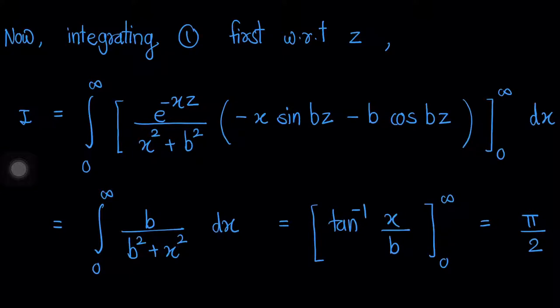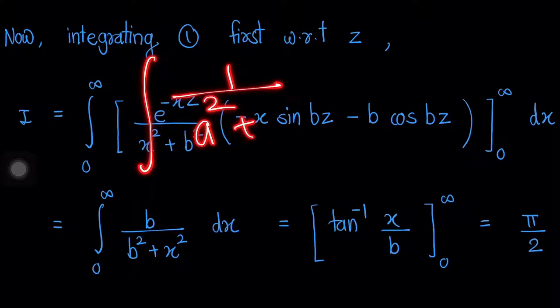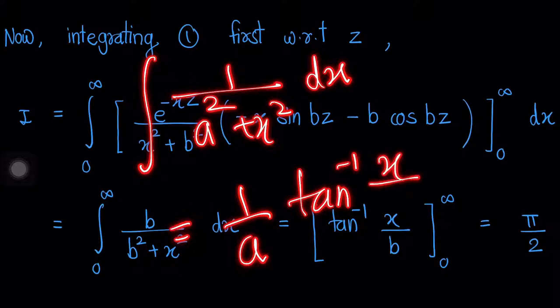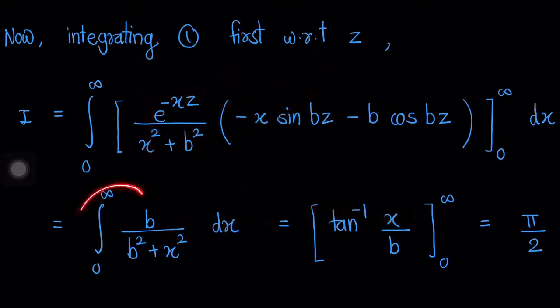And now the integration of this b upon b square plus x square is equal to tan inverse of x by b. Since integration of 1 upon a square plus x square dx is equal to 1 by a tan inverse of x by a, so simply we have used this formula here.